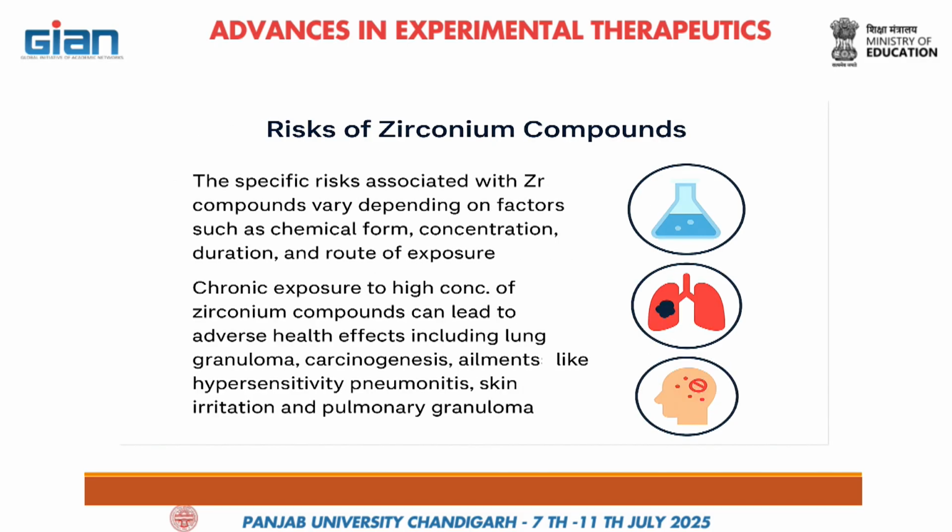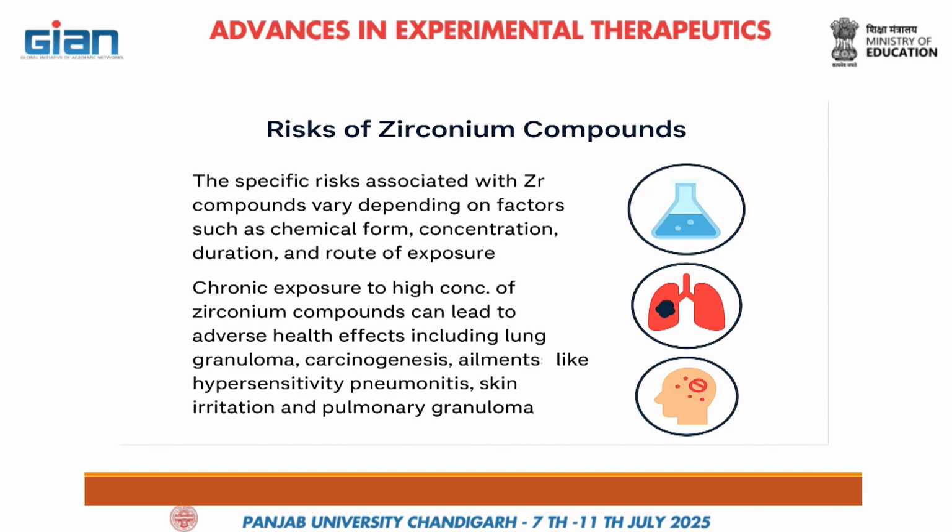Although zirconium compounds have low toxicity to humans, the specific risks associated with them vary depending upon factors such as chemical form, concentration, duration of exposure and route of exposure to our body.